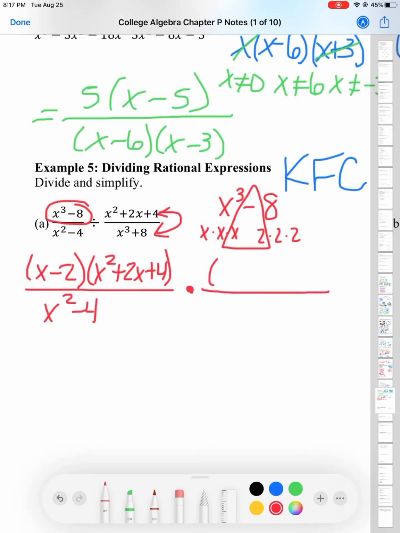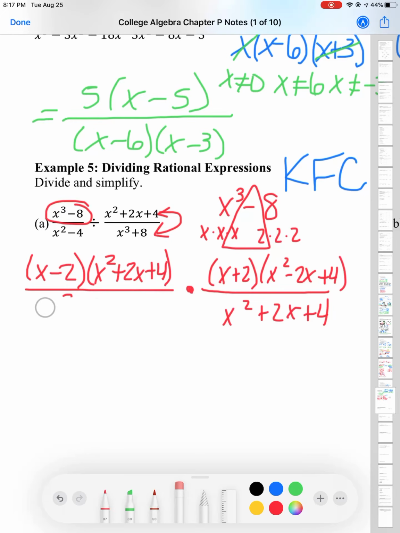Times x cubed plus 8 is really similar to x cubed minus 8. It's just x plus 2 times x squared minus 2x plus 4. And then x squared plus 2x plus 4 cannot be factored. We can, however, factor x squared minus 4, and that is x plus 2 times x minus 2.